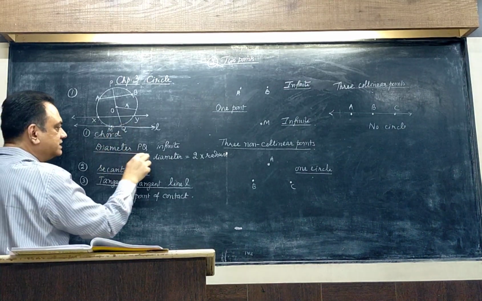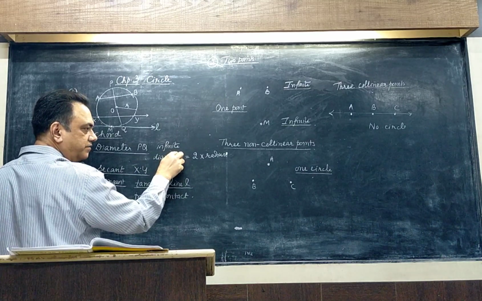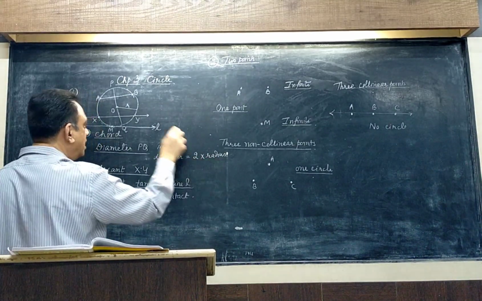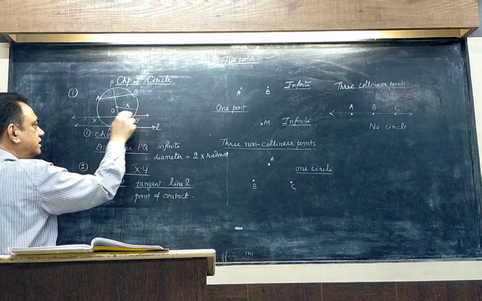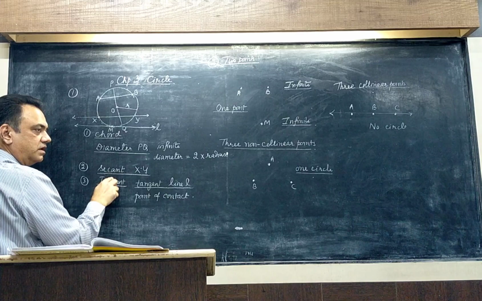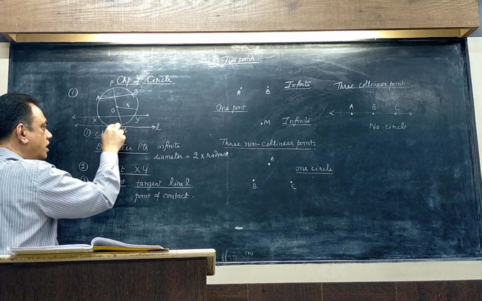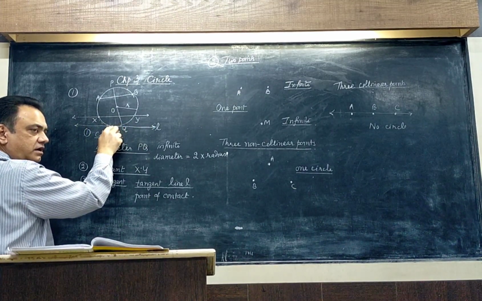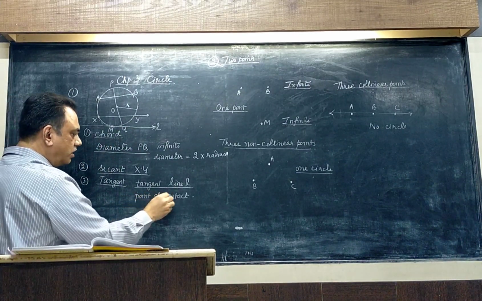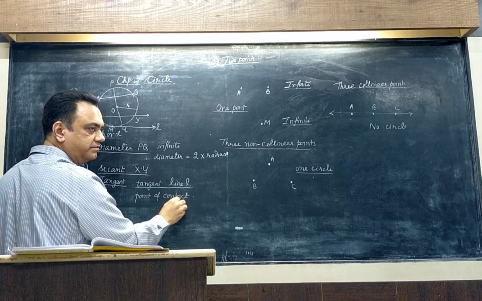A circle has infinite diameters. Diameter is twice the radius. A line intersecting the circle in two distinct points, secant of the circle. A line having only one point common with the circle, tangent to the circle. The common point is called the point of contact.